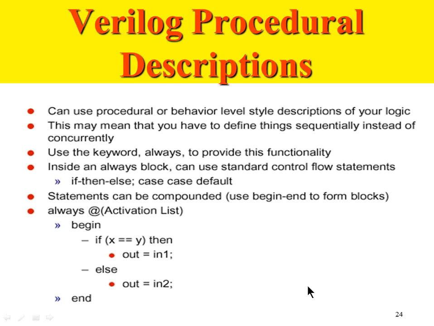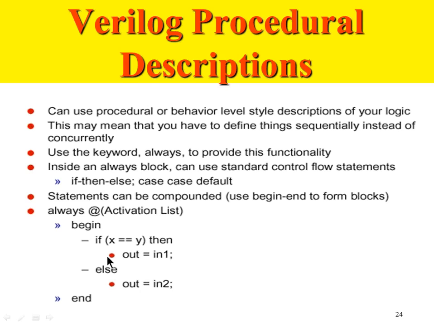Now a simple example. Always at the activation list or sensitivity list, which means one or more signals can be part of it. Begin. Every always block should have a begin and end, like the curly braces in C. If x equal to y, then out equal to in1, else out equal to in2.